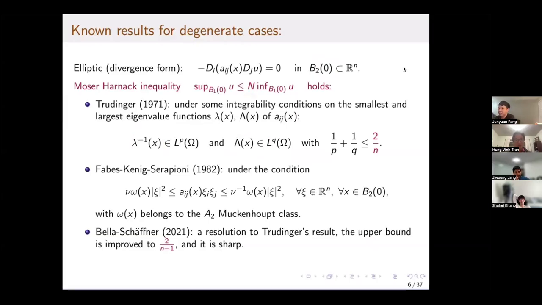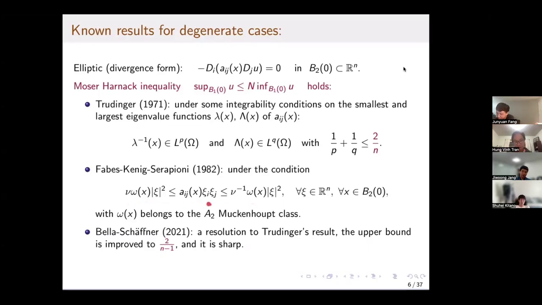Okay, later on, in 1982, Fabes, Kenig, and Serapioni said if this Aij degenerates like this way, so we have some omega(x) over here. Okay, if this omega(x) belongs to the A2 Muckenhoupt class, this is some functional class. The function can go to 0 or go to infinity. So it can be degenerate or singular.